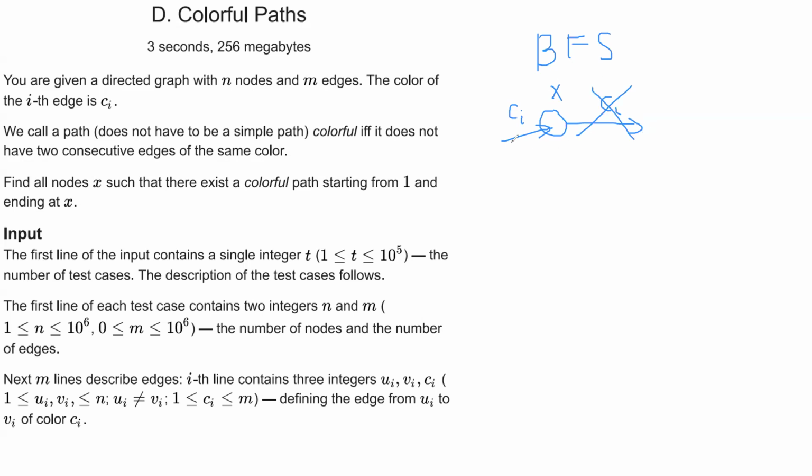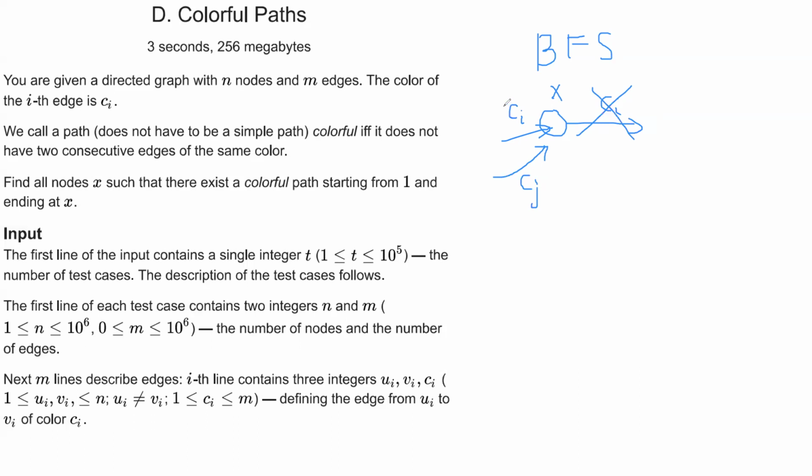But if we reach the same node X with a different color, then we remark this node X. So we put it into our BFS queue again, but with a different marking, not with the color CI now.